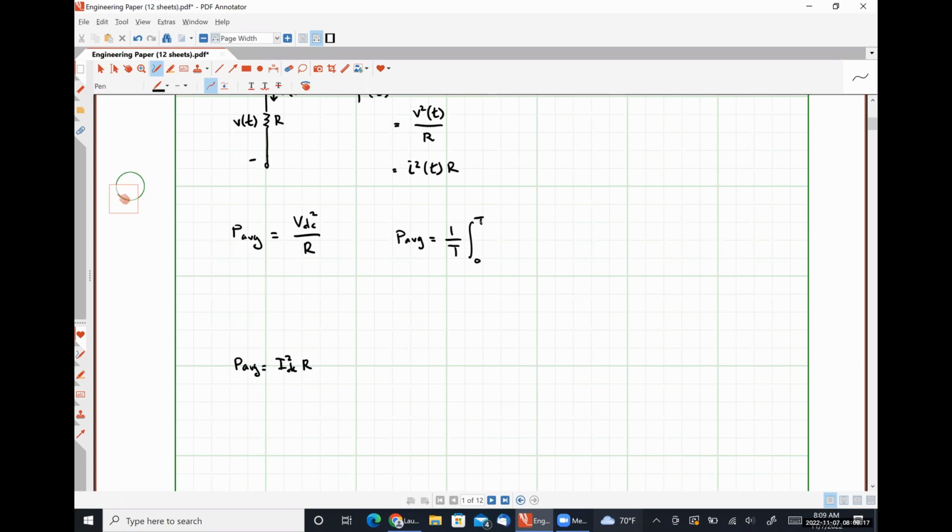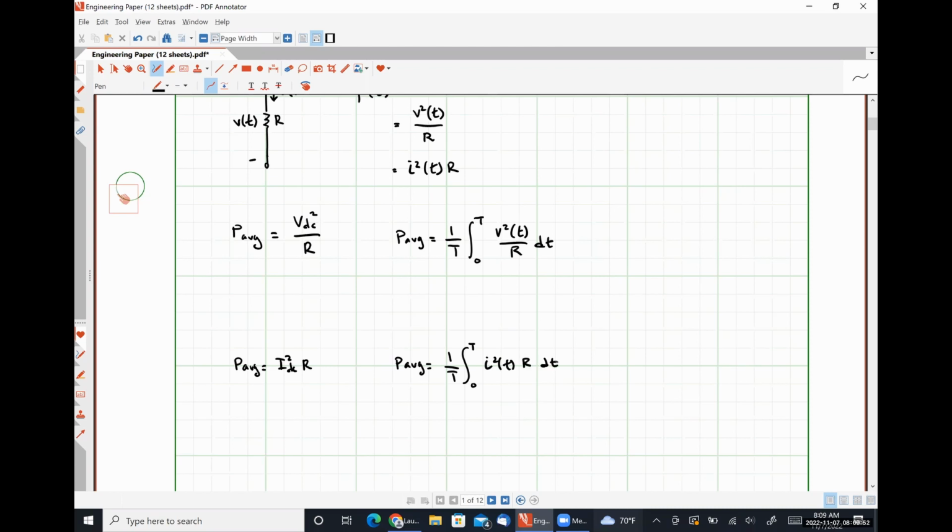So as we discussed yesterday or Friday, the average value of a periodic function is given by the integral over one period of the periodic function divided by the duration of the period, which in this case is going to look like V squared over R dt. And down here, in terms of current, we're going to have I squared times R.